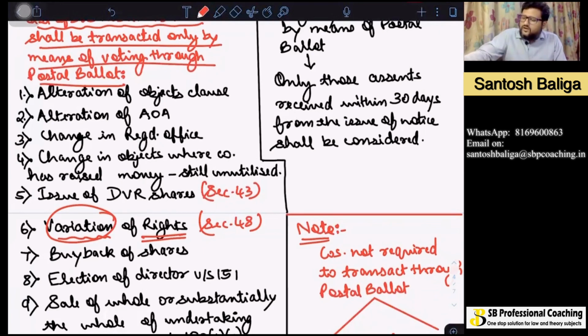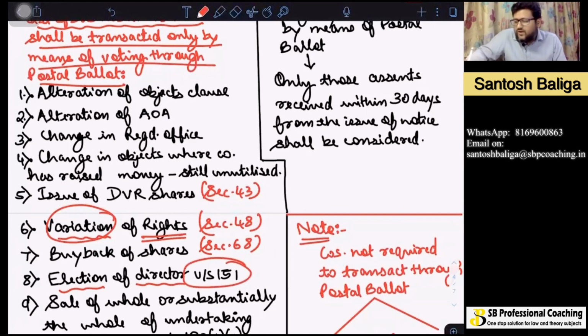Okay. Now, after this, in case the company wants to undertake a buyback of shares, it is covered under section 68. So in case of buyback of shares also, postal ballot is required. In case of election of director under section 151.